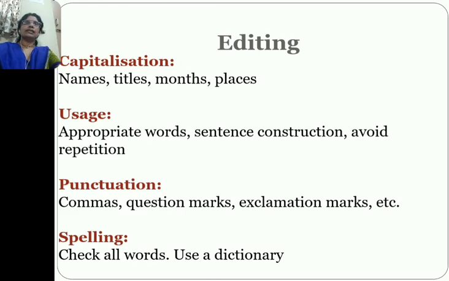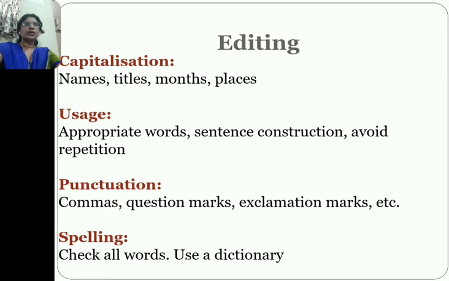Then comes the next step, editing. In the step editing, editing means removing something. The writer can involve the correction, the organization, and other modification to produce an accurate write-up.